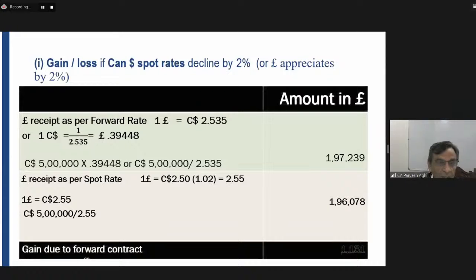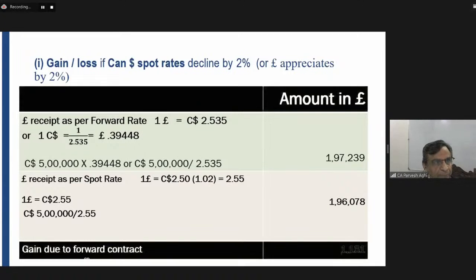As we visualized when we started the question, the Canadian dollar is going to decline by 1.5% as per the interest rate differential, which is shown there: 15% in Canada and 12% in the UK. So the interest rate differential is 3% per annum, and for 6 months it will be 1.5%.